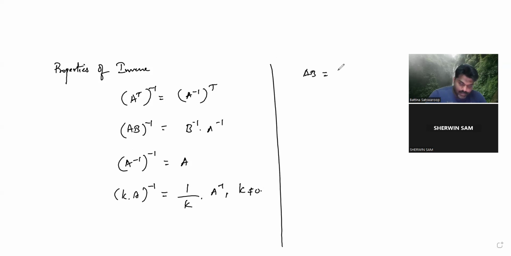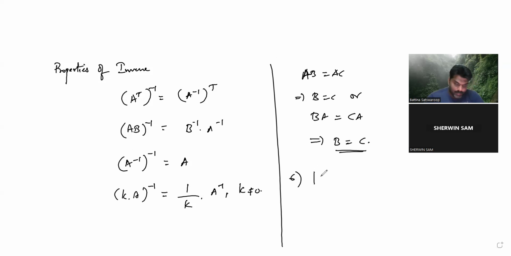AB equals to AC would imply B is equals to C, or BA is equals to CA would again imply B is equals to C. And if A is symmetric, that would imply A inverse is also symmetric.